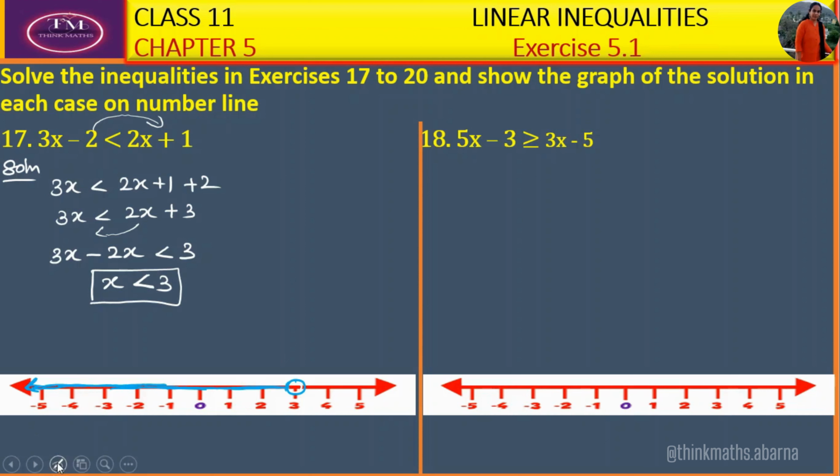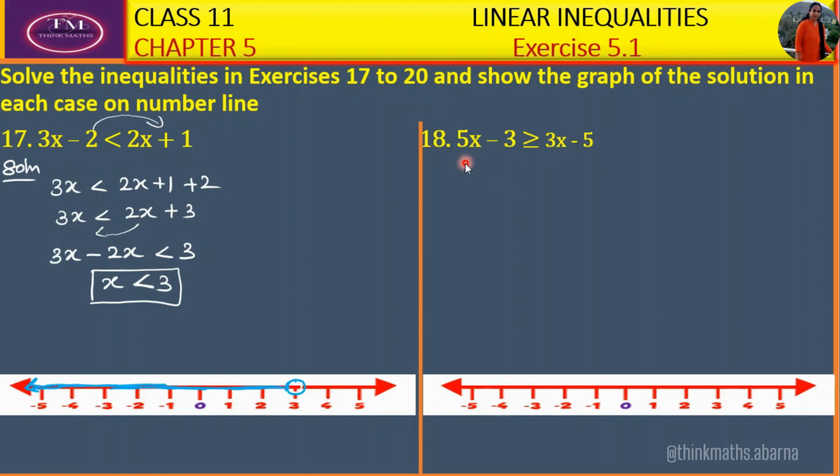Now this is the way to represent in a graph. So circle the number, it is positive 3. So it is a strict inequality. If 3 is not included, we should circle 3. As it is less than 3, we should move to the left side.